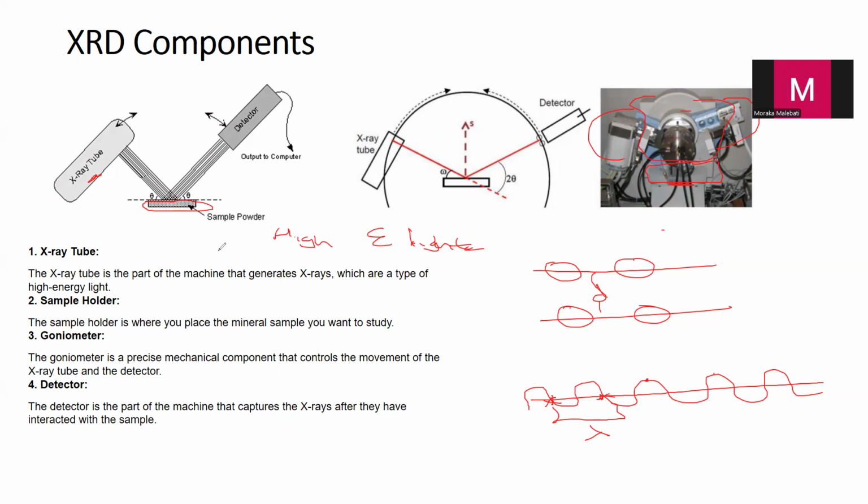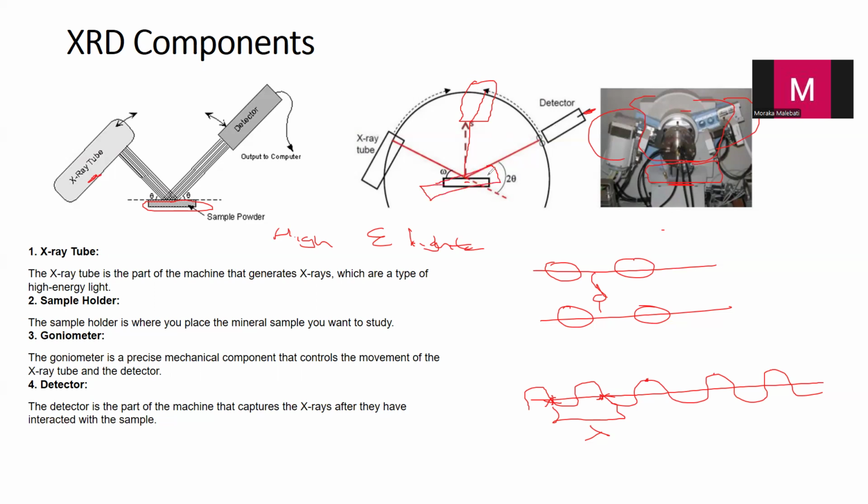But to not confuse you, especially this goniometer, it ensures that now this detector and the sample move. Let's say you were to take this detector over here, now this sample holder will be somewhere in this fashion.